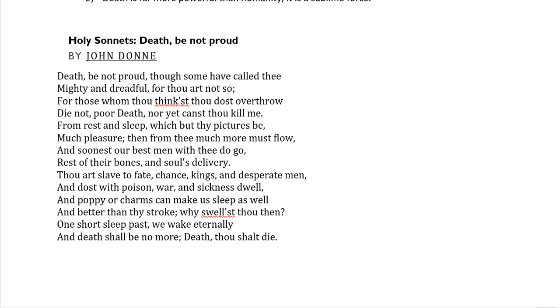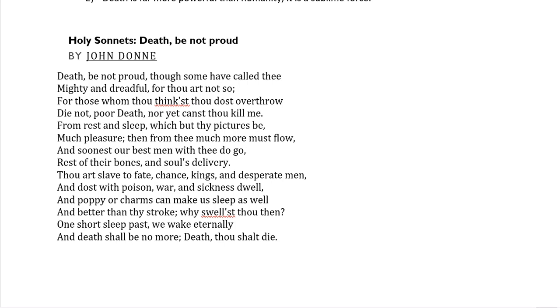And the poem reads like this: Death, be not proud, though some have called thee mighty and dreadful, for thou art not so. For those whom thou think'st thou dost overthrow die not, poor Death, nor yet canst thou kill me. An interesting idea. Death can't kill the writer. Surely that can't be true. John Donne, I've checked it out, he's very dead. So what does he mean here? From rest and sleep, which but thy pictures be, much pleasure, then from thee much more must flow.